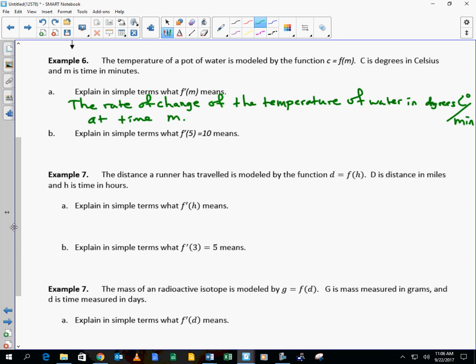So let's put it in real context here. Maddie's boiling water. And she starts texting out to the class, hey, F prime of 5 is 10. What does that mean about her pot of boiling water? Close, but not correct.